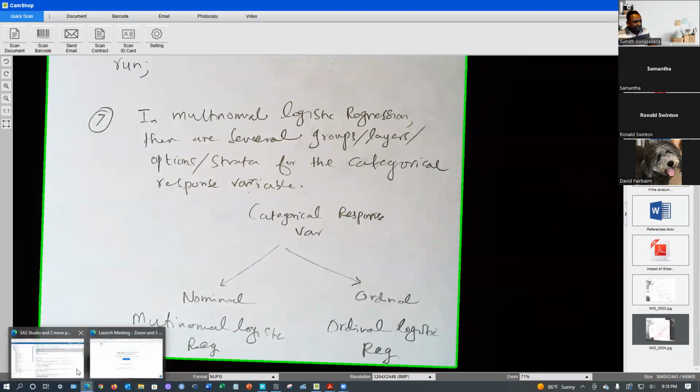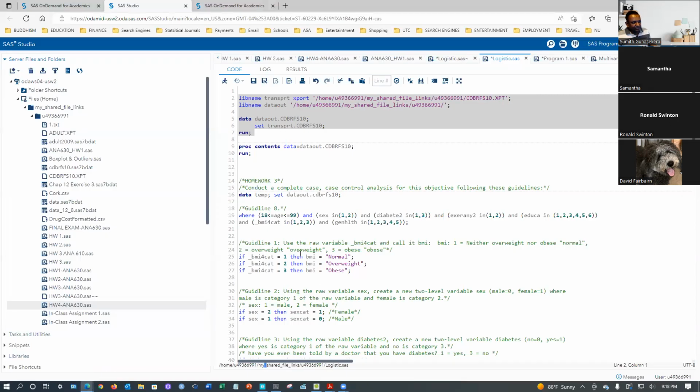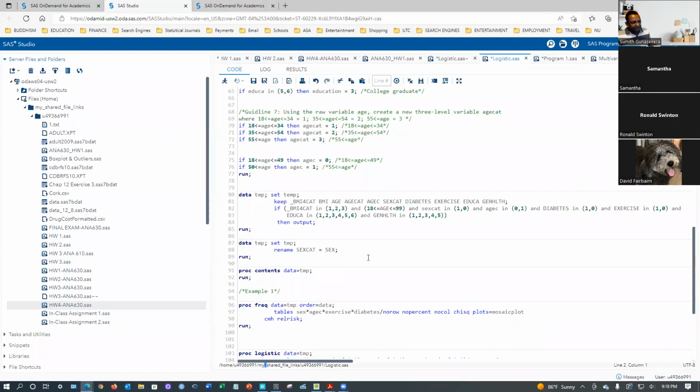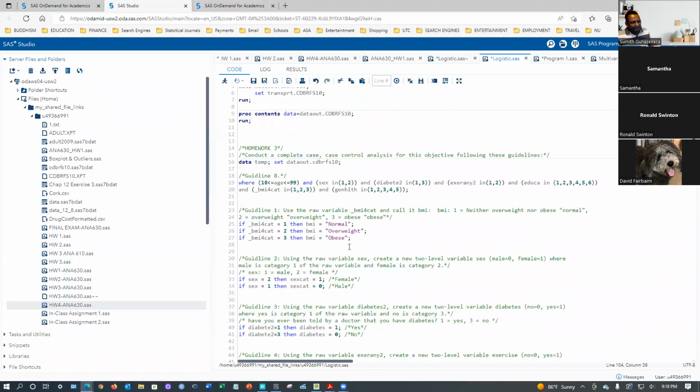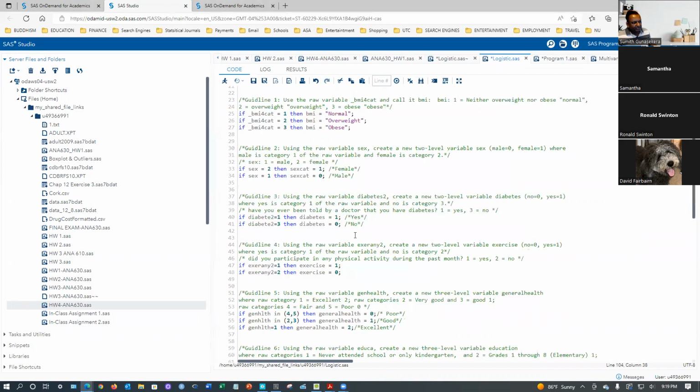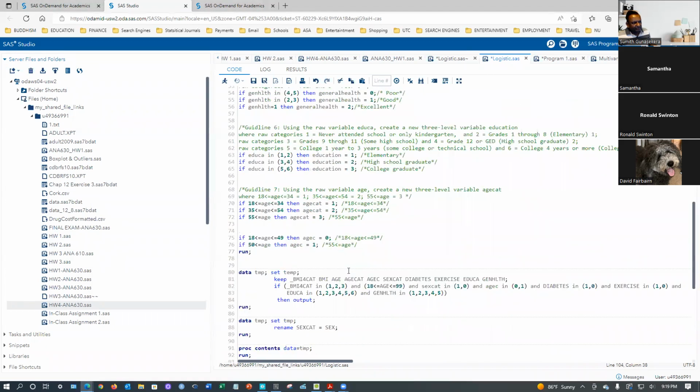In most cases, we put the reference here. For diabetes, I'm going to keep 0 as my reference, looking for diabetes.